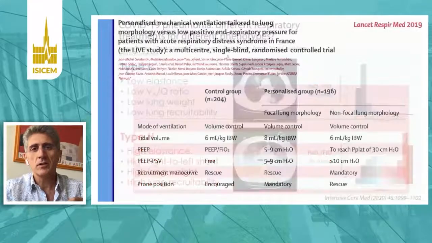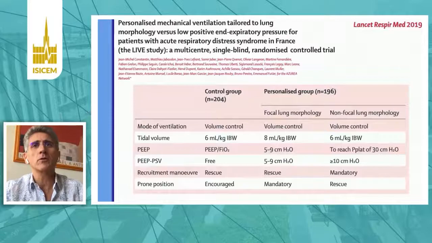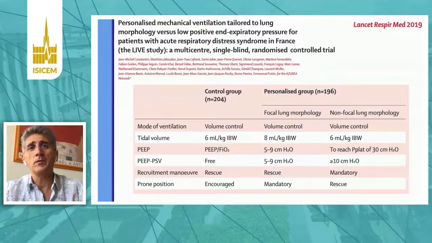And we may wonder whether we could use the CT scan to actually titrate PEEP in these patients. This is more or less what has been proposed by Jean-Michel Constantin and his colleagues in this single blind randomized controlled trial, the LIVE study, where they propose to use lower PEEP and sometimes even higher tidal volume in patients that have focal lung morphology and maybe better compliance.